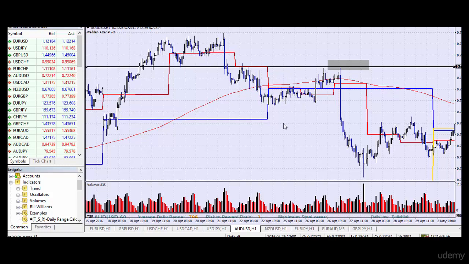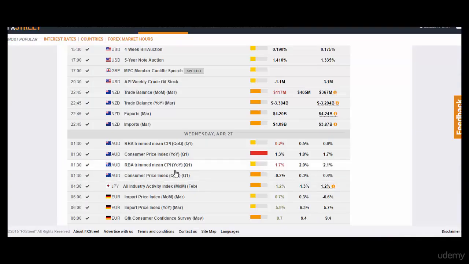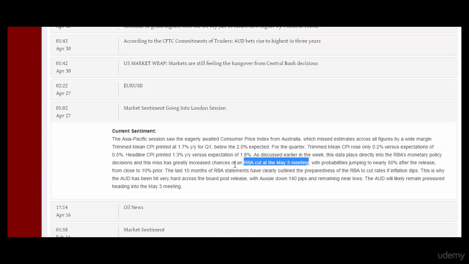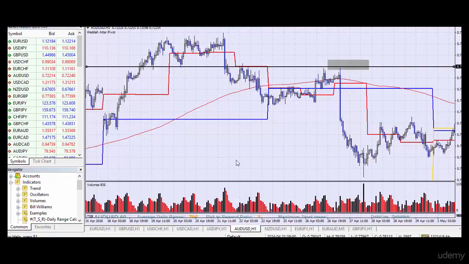Also, if you go to the news feed, okay, you can see the market sentiment, it says this data directly plays into the RBA's monetary policy decision, and this miss has greatly increased chances of an RBA cut at the May 3 meeting, with the probabilities jumping to nearly 50% after the release. So most fundamental traders now are expecting these guys to cut interest rates.